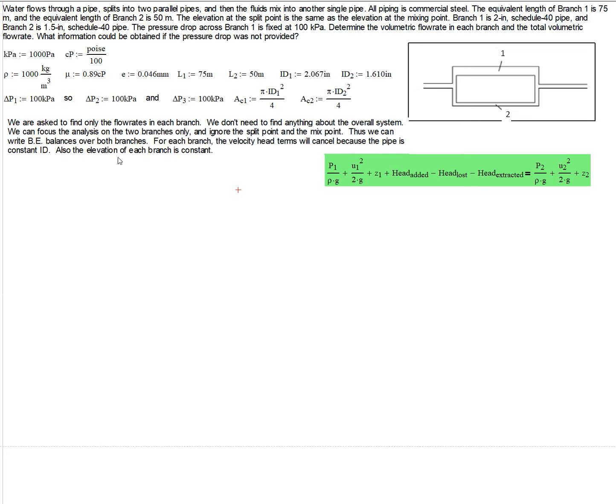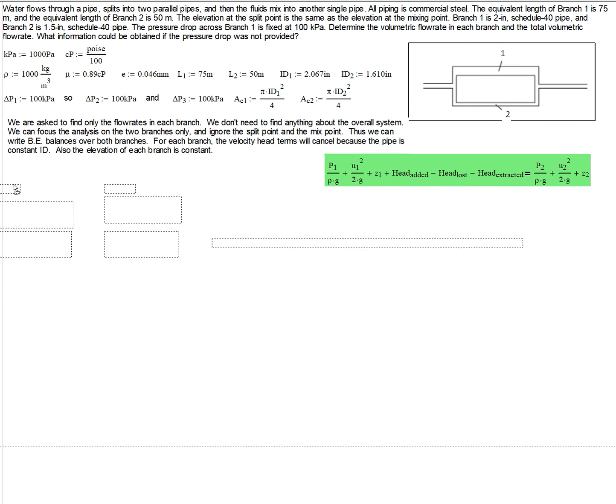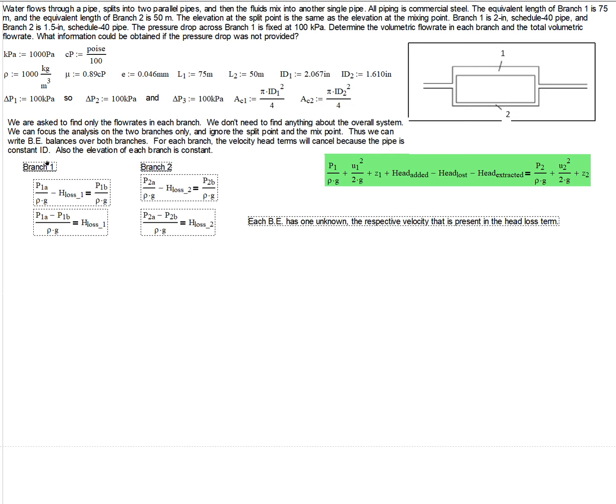Also, we're told that the elevation differences, although we're drawing these as a top and a bottom, you can think of these as being a top view where there is no elevation change whatsoever. So what I've got here, just for reference, is our Bernoulli equation in general form, and then what I want to do is apply the Bernoulli equation to each branch.